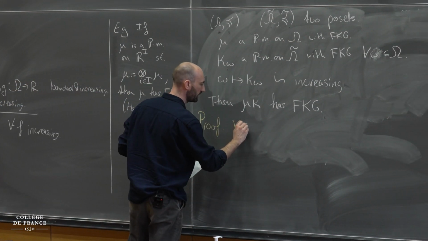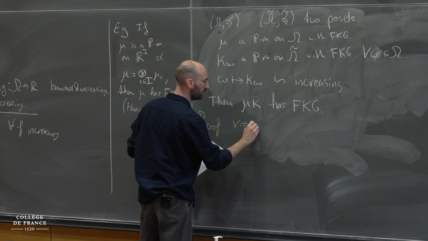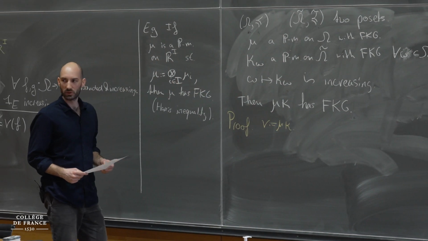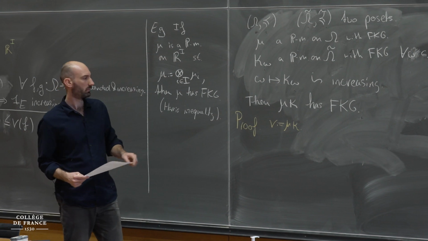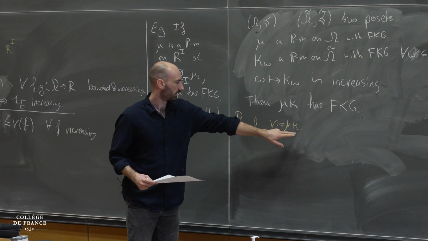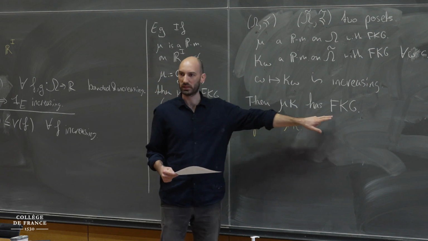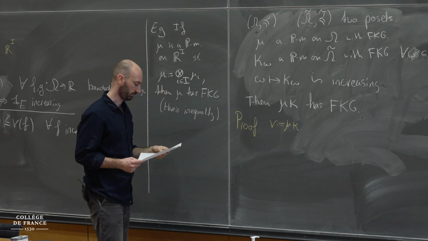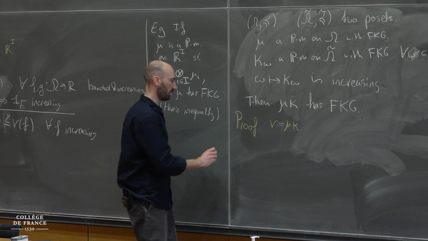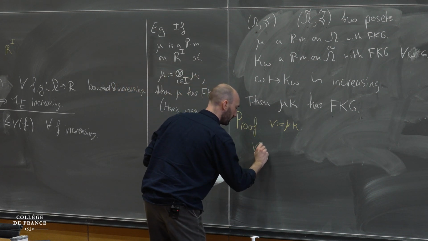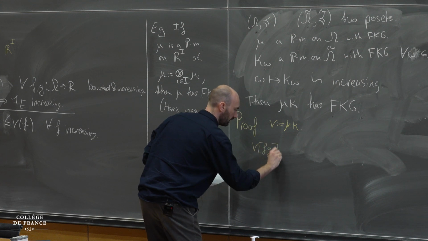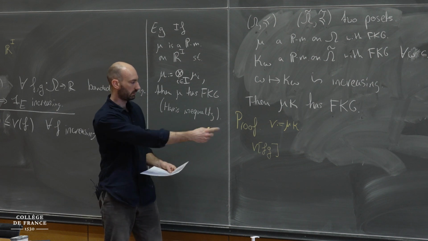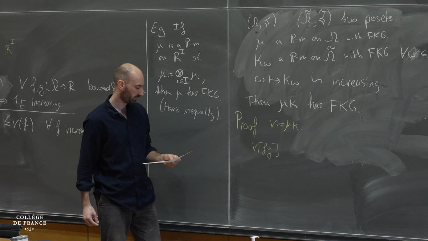So how do we prove this? We define nu to be this resulting measure. And of course, to see that this has the FKG inequality, we need to show that if we plug in two increasing functions on omega tilde, then we're positively associated. So we want to prove that if I put in two increasing functions, then this is going to be bigger than if I put them separately into nu.